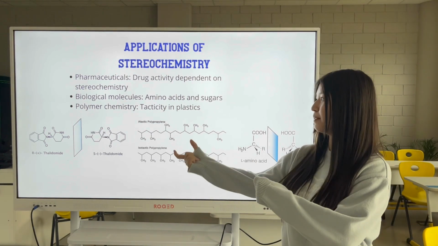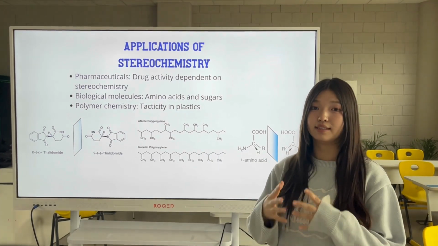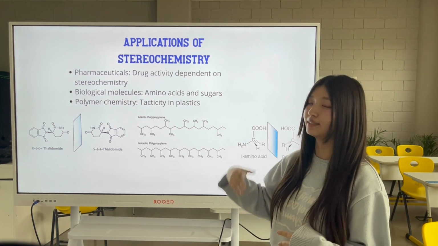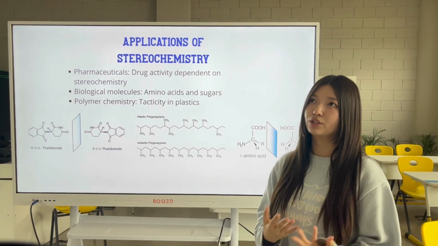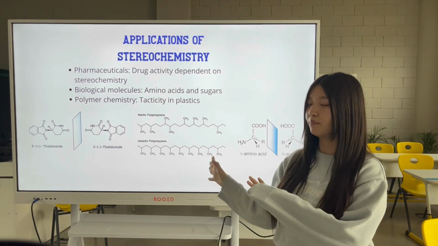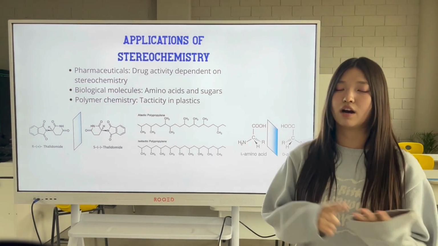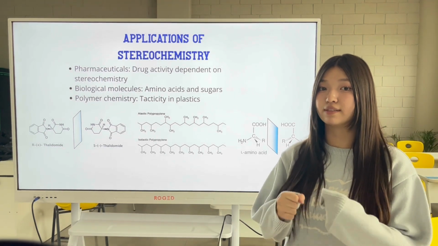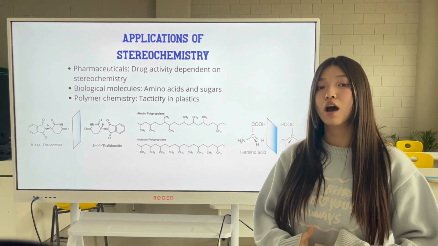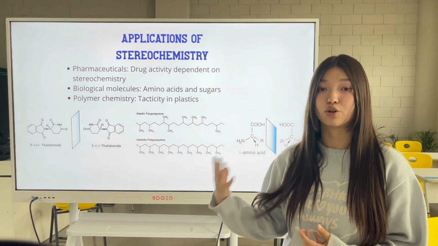One type of this molecule is really essential in pharmaceuticals because it can treat morning sickness, while the other, mirrored one can cause severe birth defects. That's why it's really important which type of molecule we use in drugs.